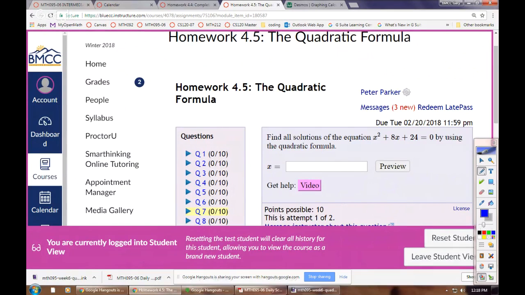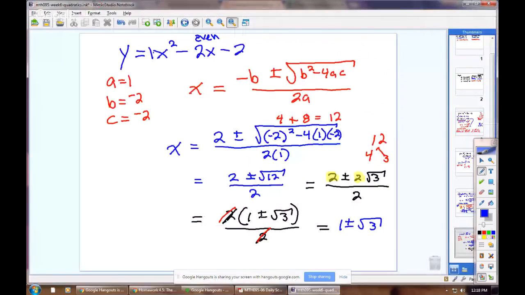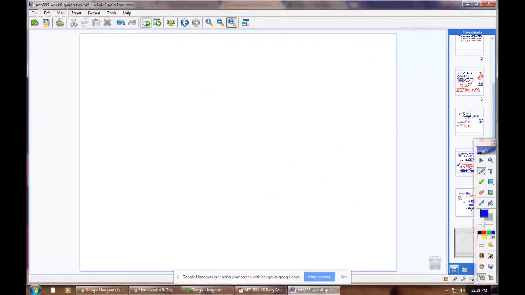So let's write that down. Now this is one where I would prefer to use completing the square. So I'm going to do that first, and I'll use the quadratic formula second. I like to use completing the square here because there's a 1 here, and the middle term is even.